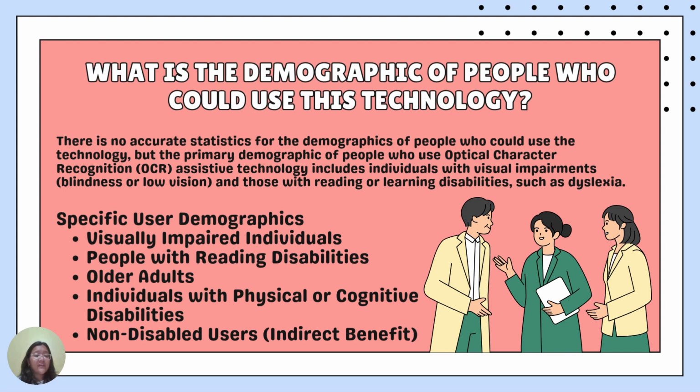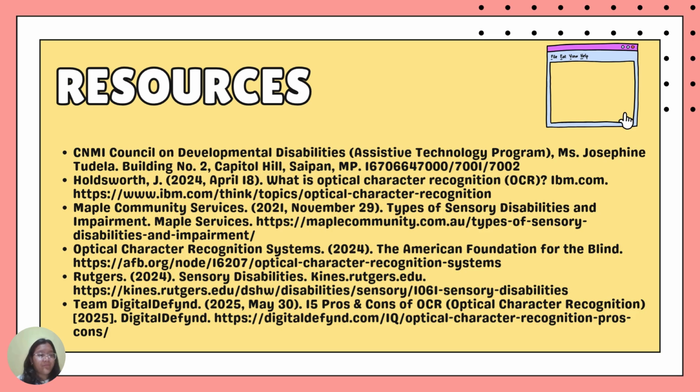Some specifics are blindness or low vision, people with reading disabilities such as dyslexia, older adults, individuals with physical or cognitive disabilities, and non disabled users who directly benefit. So, again, just those who want to have their prints large or who want to scan quickly.